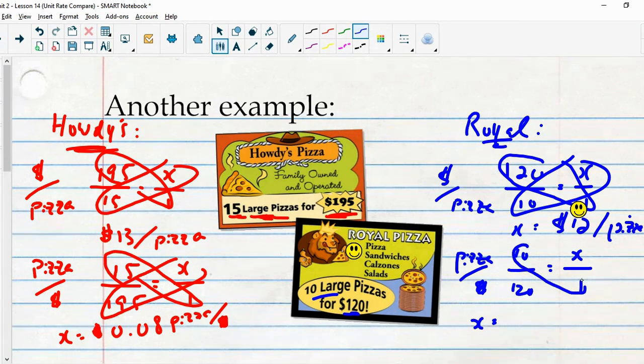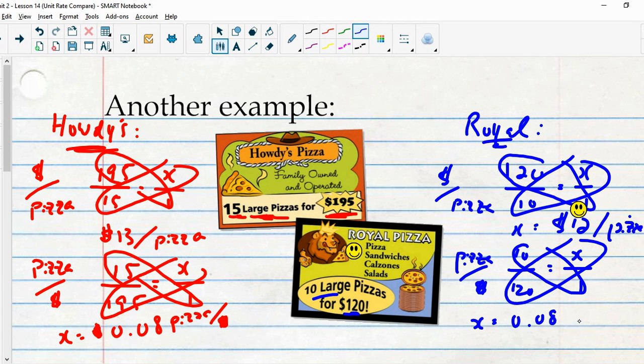So this is 10 divided by 120. That's 0.083. Oh my god, no. Hold on. Here's my problem: the answers look the same.